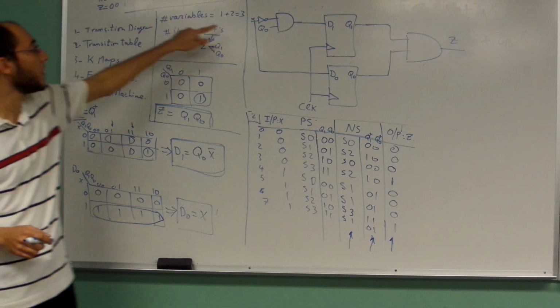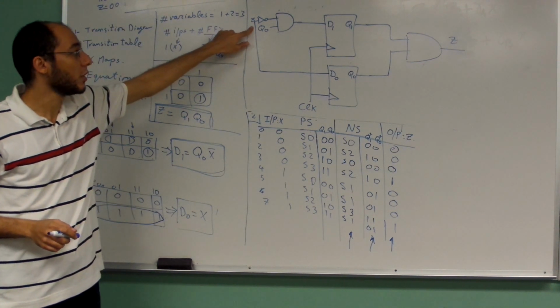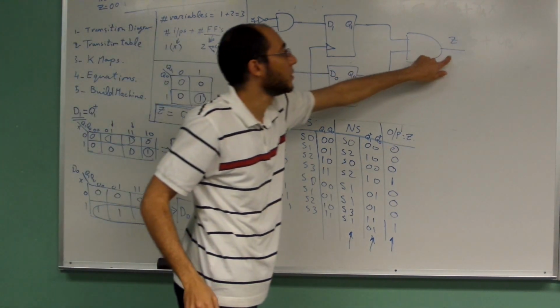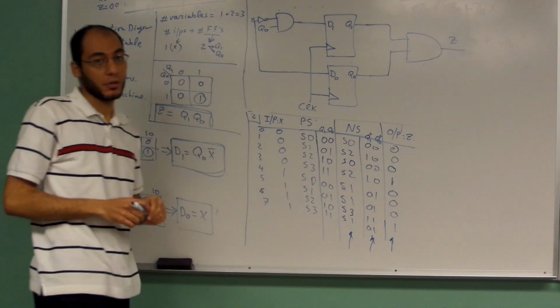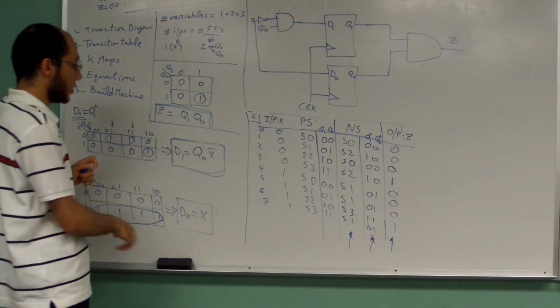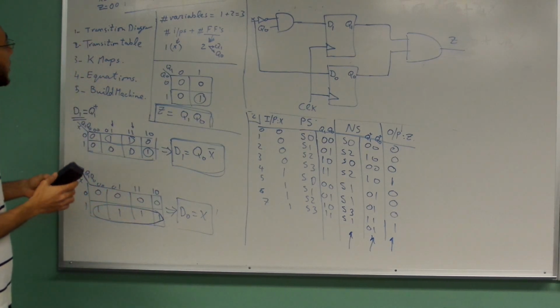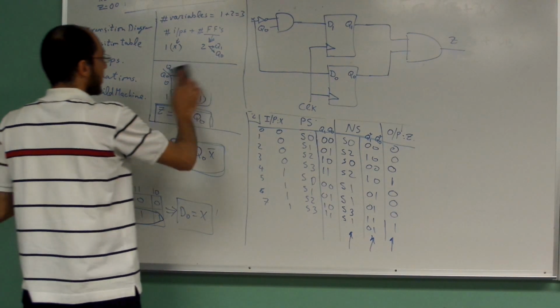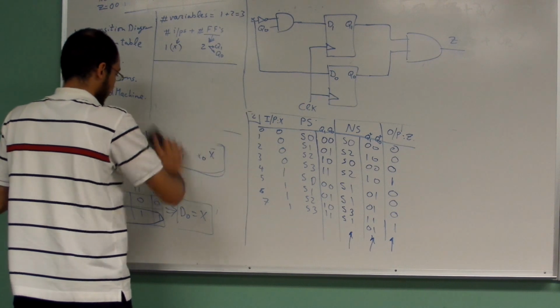So whenever you feed here a 1-0-1, you end up having an output 1 at the third bit. Okay? So let's quickly do the Mealy machine and let you know what the procedure for the Mealy machine is.